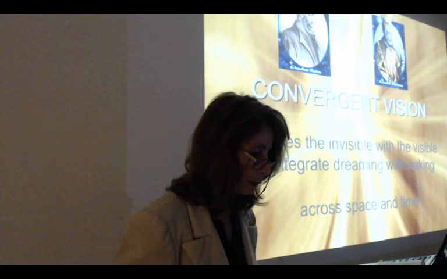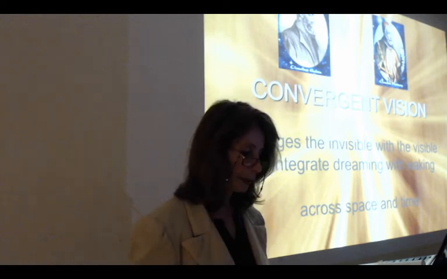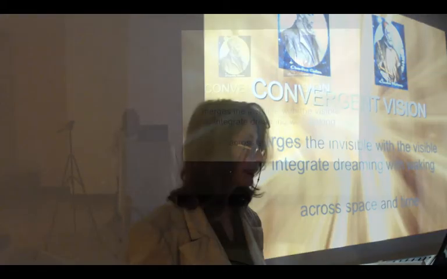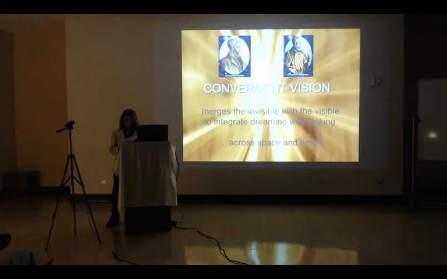So Galen and Ptolemy were my lead spirits in light, and they had emerged in illumined consciousness, in my case, which led to convergent vision. Those were words that I actually received in a dream, convergent vision. An ability to merge the invisible with the visible, to integrate dreaming and waking across space and time.